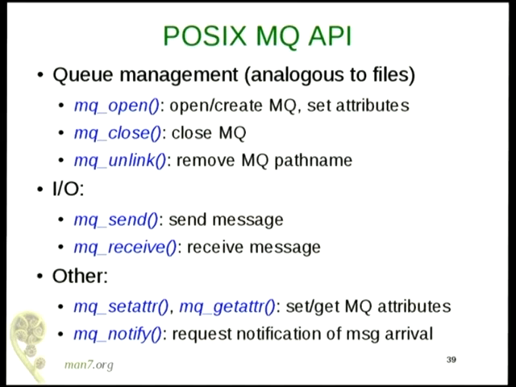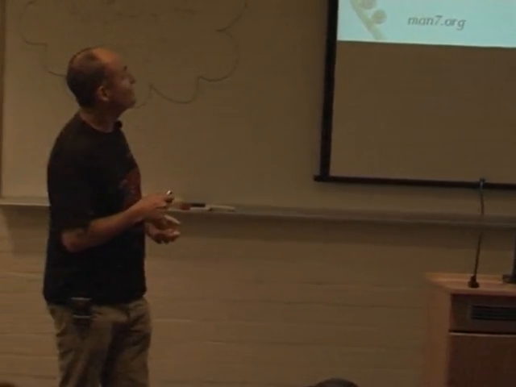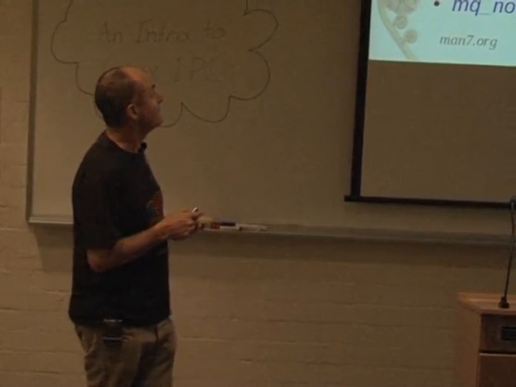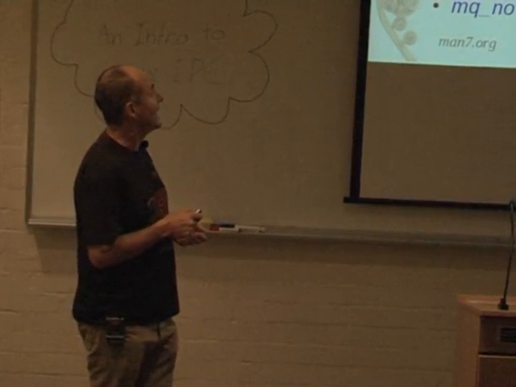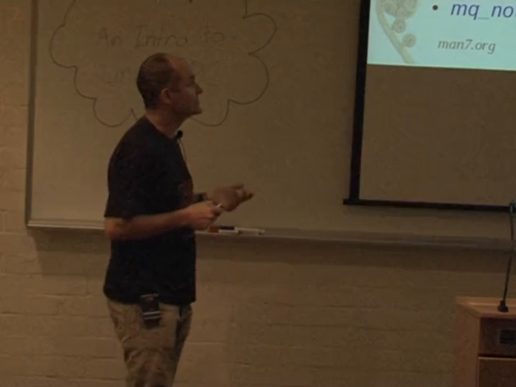Okay, so the API looks sort of like what you'd expect. You've got an open call for opening and creating a message queue. It's very much like opening and creating a file. Close, unlink for removing a path name. Send for sending a message to the queue. Receive to receive a message.